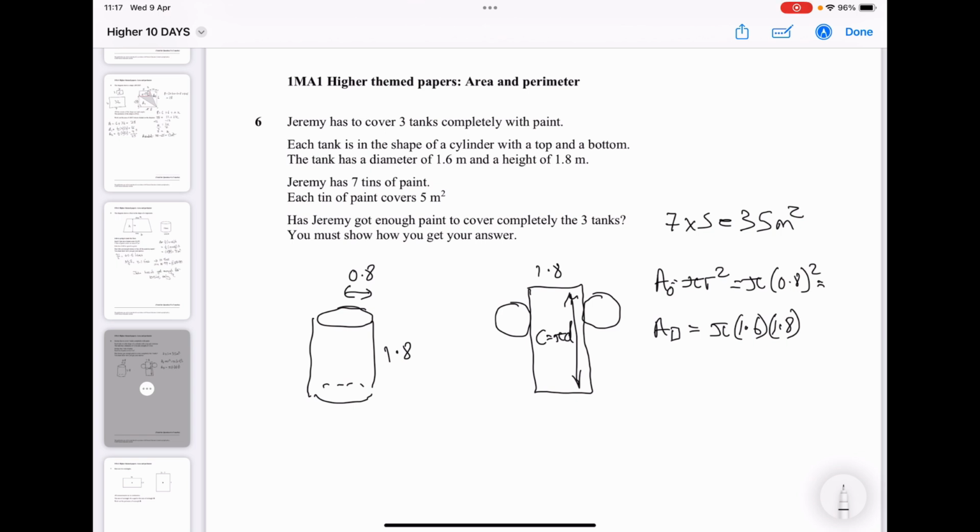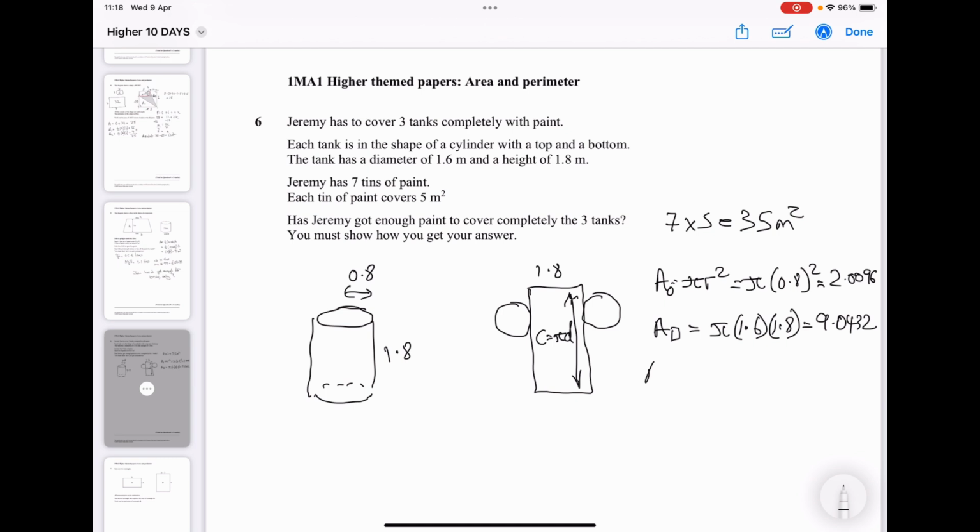So I've got 0.8 times 0.8 times 3.14. So this area here is 2.0096, and then I've got 3.14 times 1.6 times 1.8, and that is 9.0432.